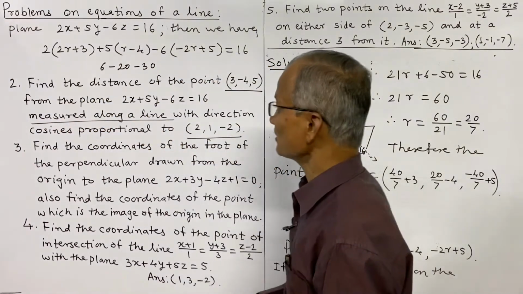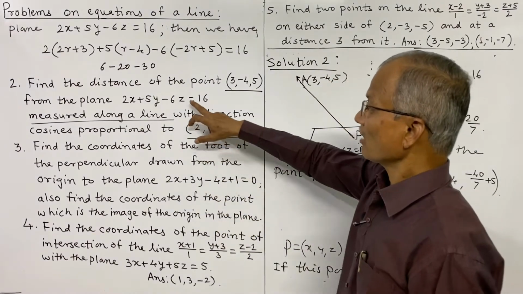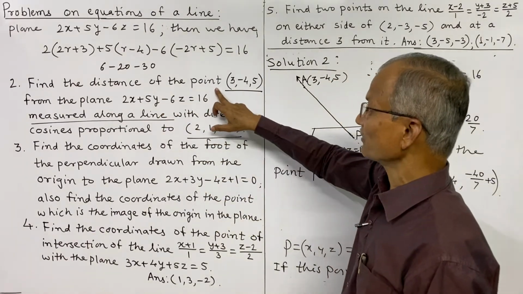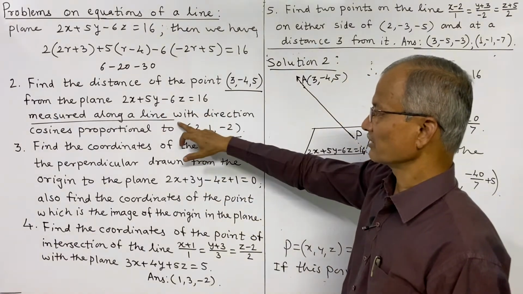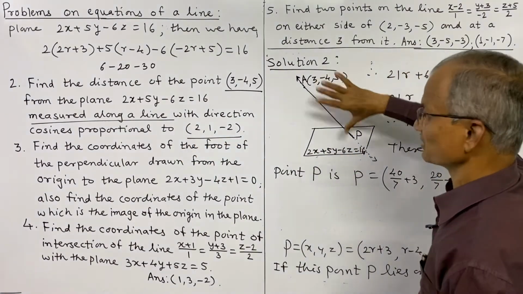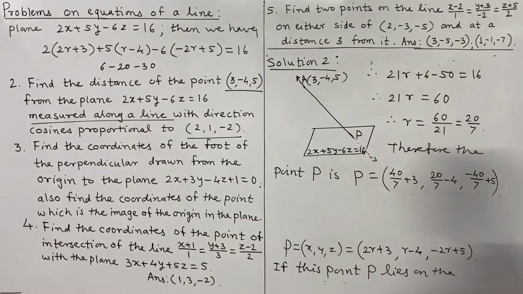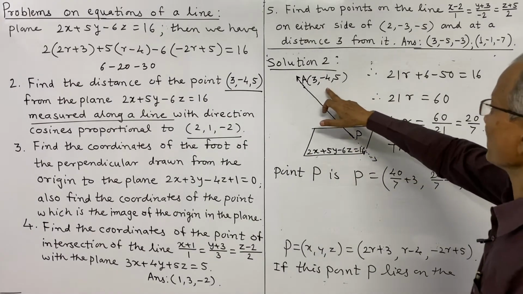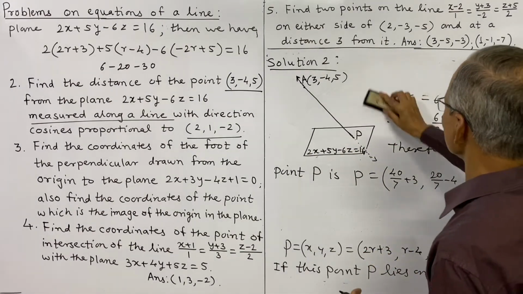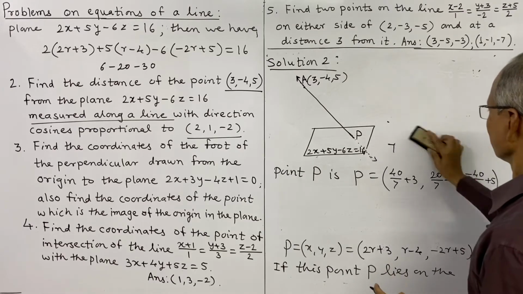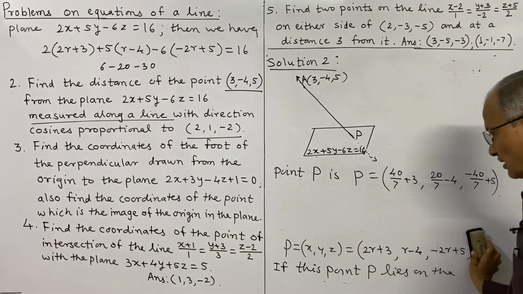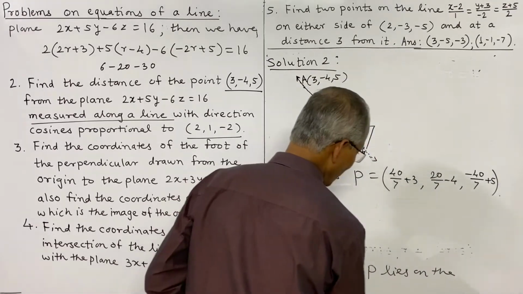But what is asked in the problem, you see, we have to find the distance of the point from this point measured along this line, means AP distance we have to find. And therefore the distance AP is to be obtained. Now A is this point. Now the distance AP can be obtained by distance formula.